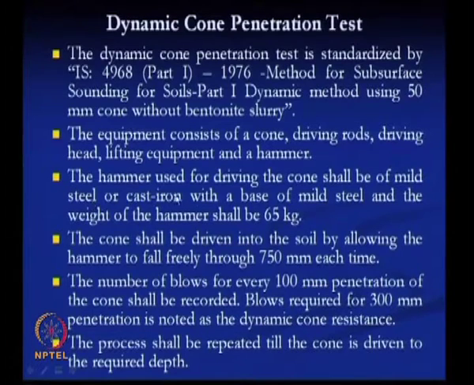The cone is driven by a hammer with a free fall of 750 millimeter each time. The number of blows for every 100 millimeter penetration of the cone is recorded. The blows required for 300 millimeter penetration are noted as the dynamic cone resistance.